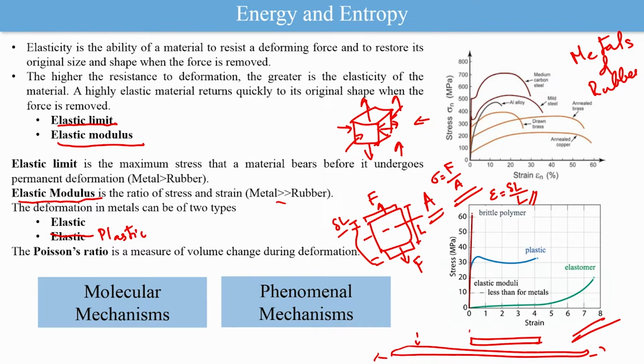ratio of the material. Now, how the deformation happens can be explained using two theories. It is not two theories, it is two principles that cause metals and rubber or the elastic materials to show different behaviors, and this can be classified as molecular mechanisms and phenomenal mechanisms.